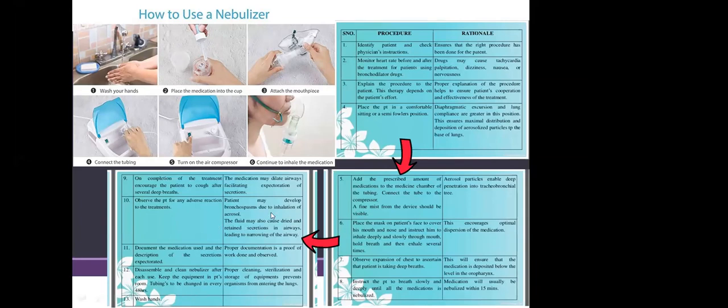The patient might develop bronchospasm due to the inhalation of the aerosol. And then we have to document the medication use for proper documentation, and assemble and clean the nebulizer after its usage, and wash the hands after that.